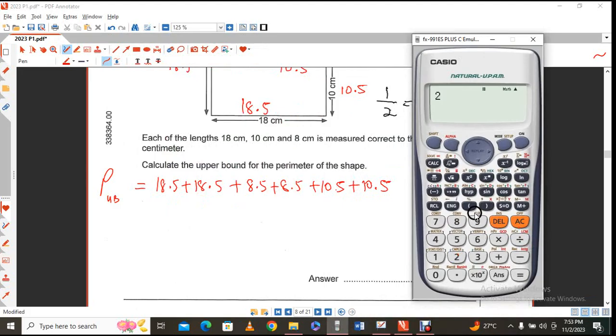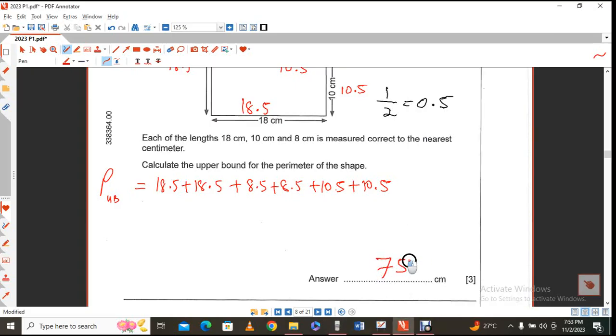Let's just make sure we have 2 times 18.5, plus 8.5 plus 8.5, plus 2 of 10.5s added together. You can actually take out the 2 as a common factor, but I will just write it like this for clarity's sake. Put them in parentheses, it gives you the same outcome. So 75 centimeters.